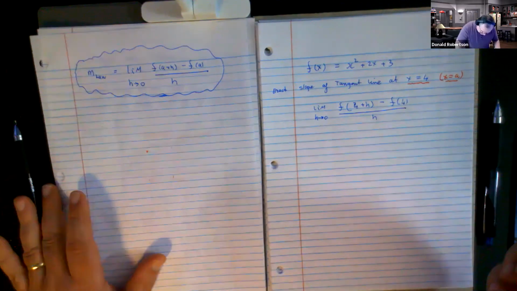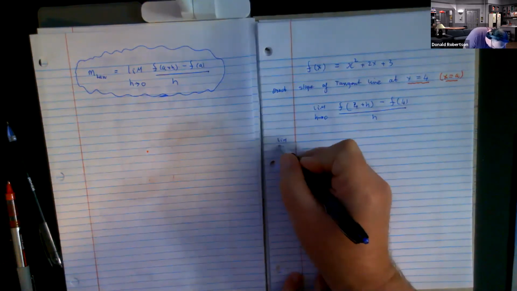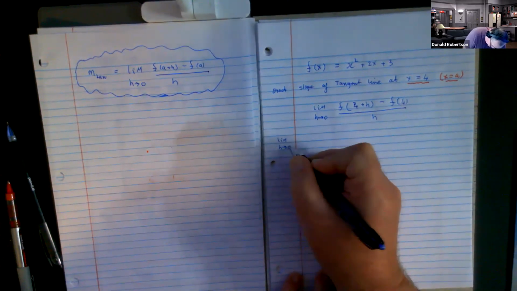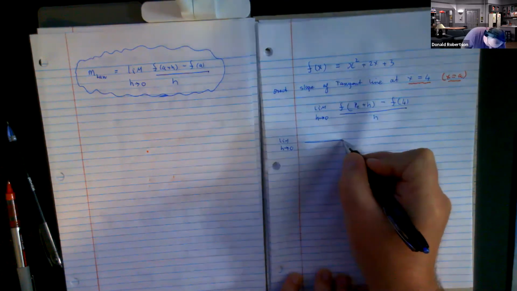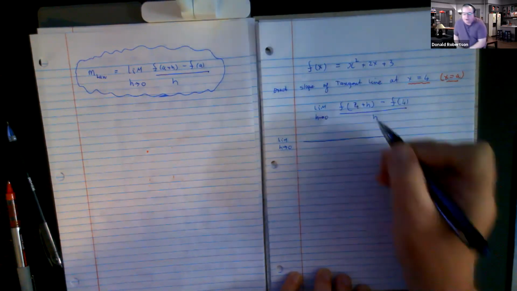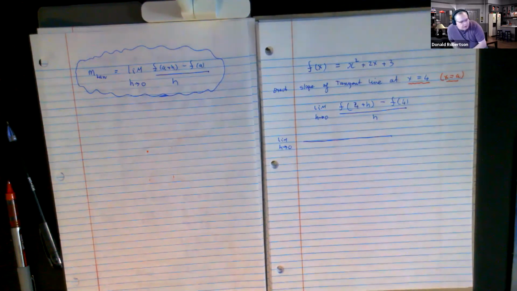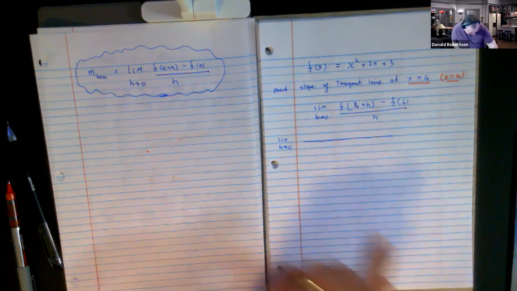Now let's see what this looks like. It's going to be the limit as h tends to 0 of this guy with a 4 plus h in it. Somewhere in Math 141, you had to do a guy that looked like that.